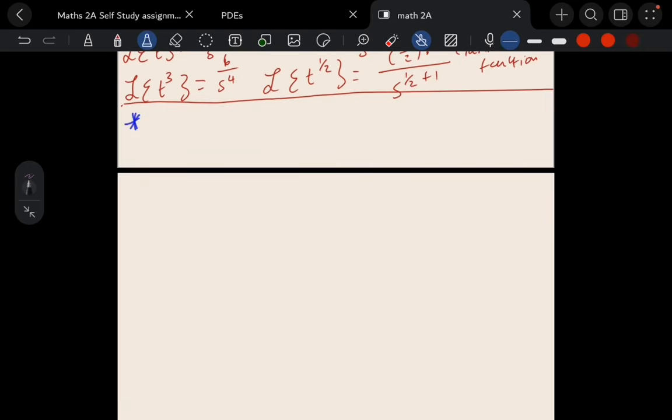I will want you to remember that e^(jat) is the same thing as cos(at) plus j sin(at).